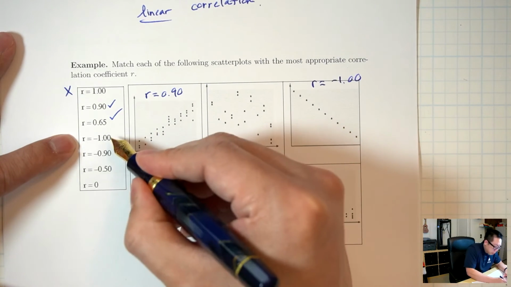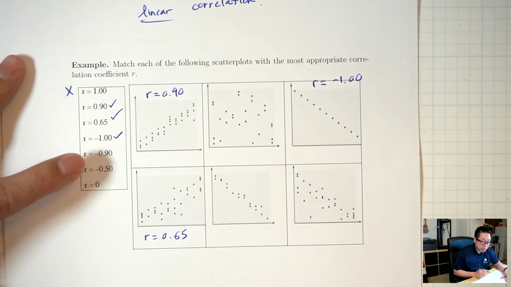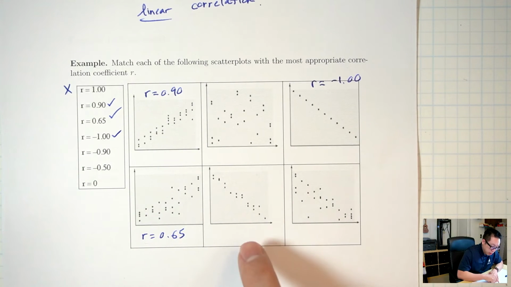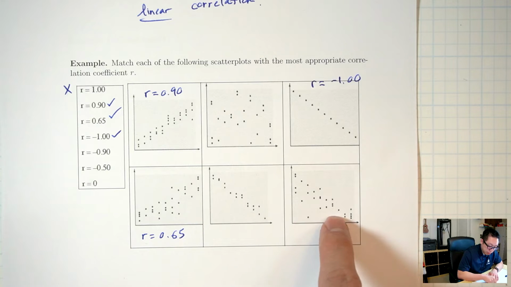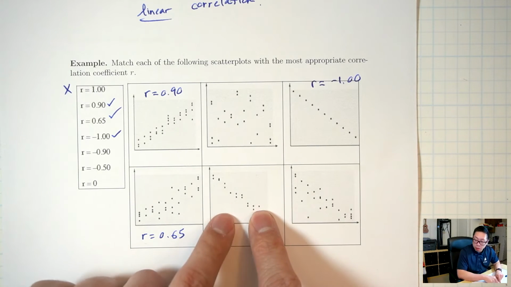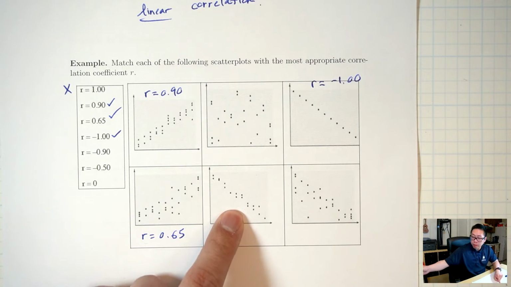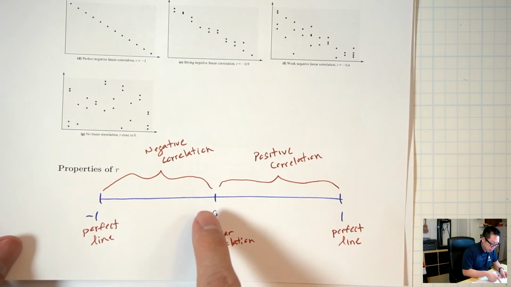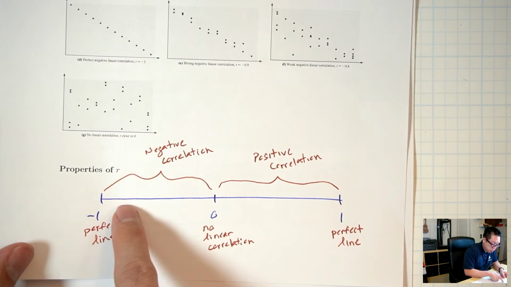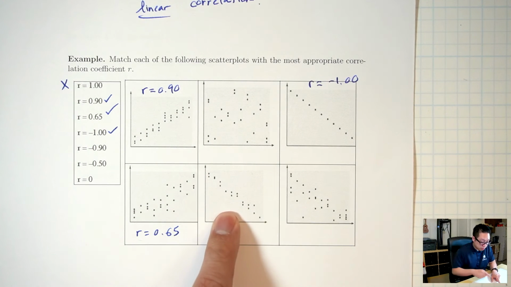And then negative 0.9, negative 0.5. Which of these pictures looks more like a line? This picture, right? So the closer you are to a line, we're on the negative side now, right? The closer you are to a line, the closer you should be to negative 1. So this one looks more like a line.